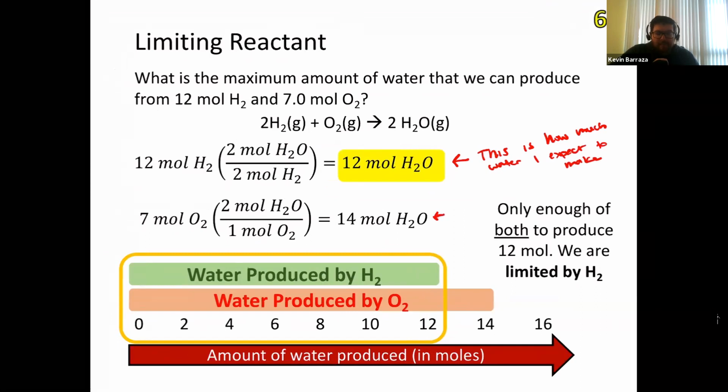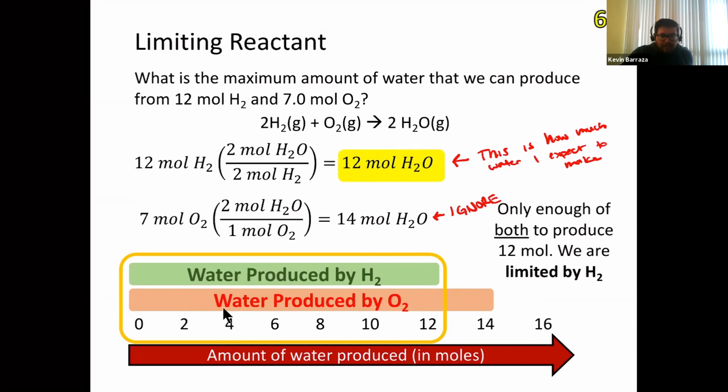And I just want to emphasize, what did we do here? We did both calculations to see the answer. One temptation is, what do we do with this number? This number we ignore. This is because if I had all this quantity of oxygen and I completely reacted it, I would make this much water. But we don't have enough of both ingredients to do that.